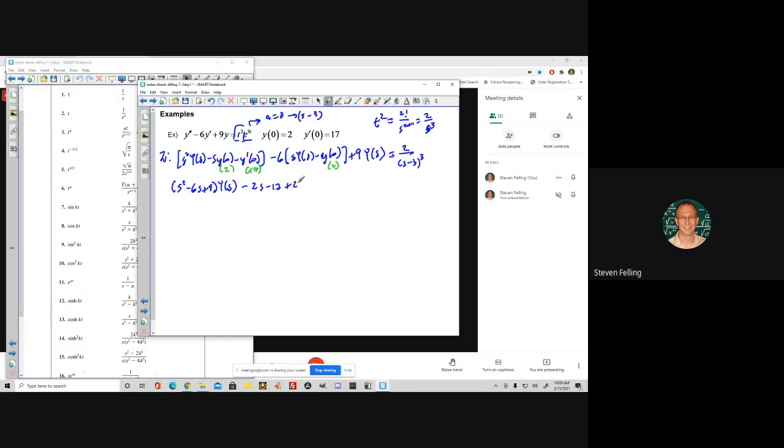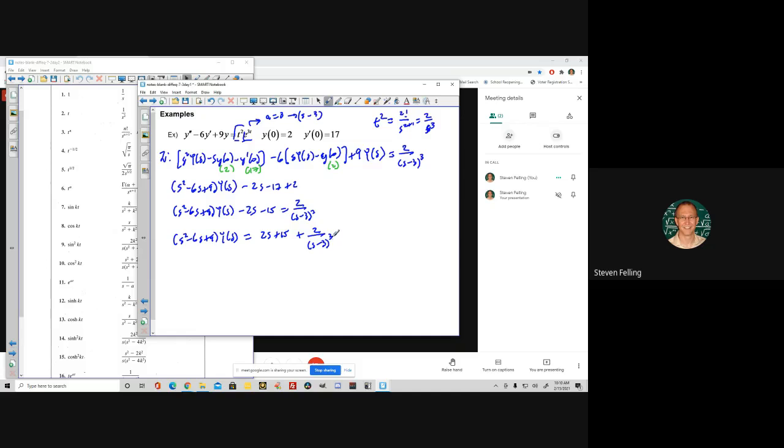So really this is (s squared minus 6s plus 9) Y(s) minus 2s minus 5 equals 2 over (s minus 3) cubed. So first I'll move this to the other side. So we're going to get (s squared minus 6s plus 9) Y(s) equals 2s plus 5 plus 2 over (s minus 3) cubed, sorry.